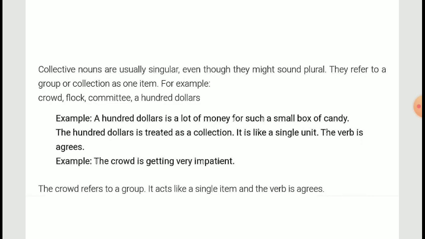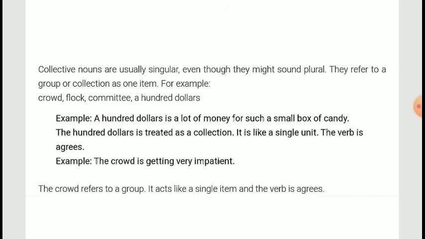Now, collective nouns are usually singular. Even though they might sound plural, they refer to a group or collection as one item. So collective nouns are treated as one item, and you have to keep in mind that you use is or was with them. Example: $100 is a lot of money for such a small box of candy.